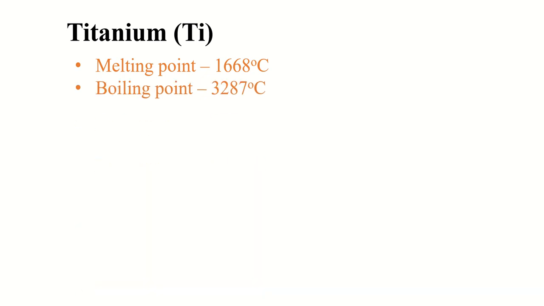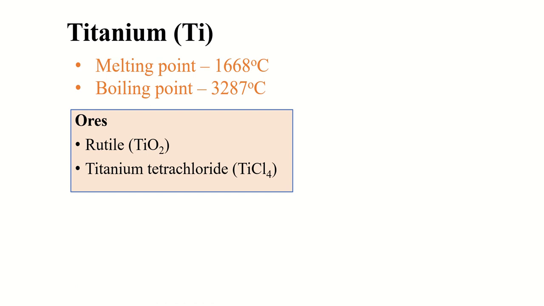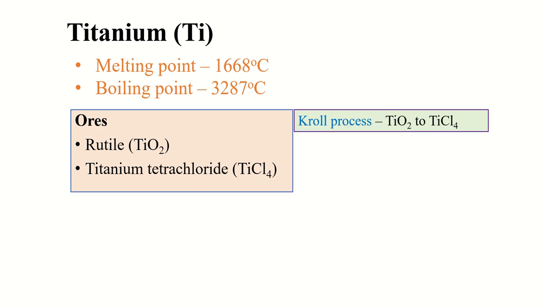Next metal is titanium. Titanium is also a very important metal which has the melting point 1668 degrees centigrade, boiling point is 3287 degrees centigrade. Important ore is rutile TiO2, and titanium tetrachloride TiCl4 is also used for the extraction of the titanium.